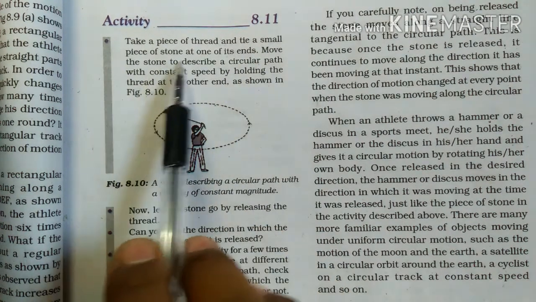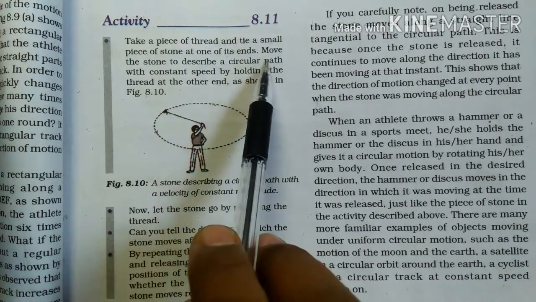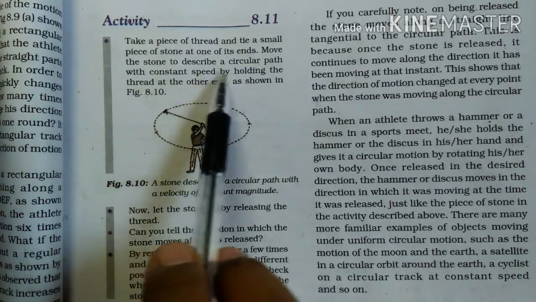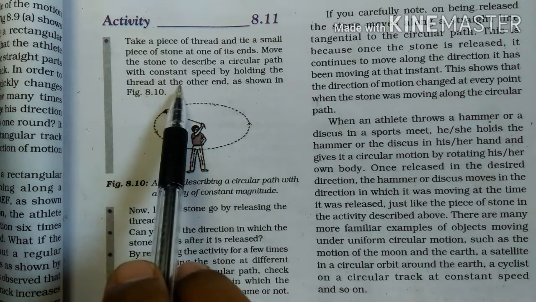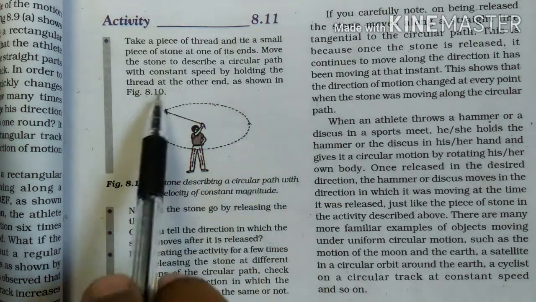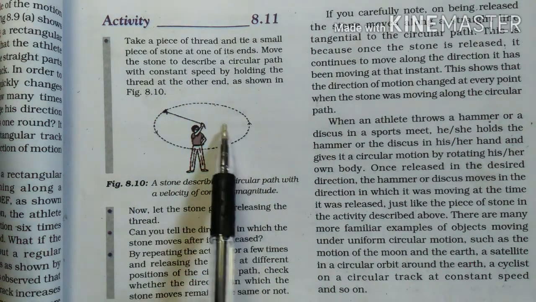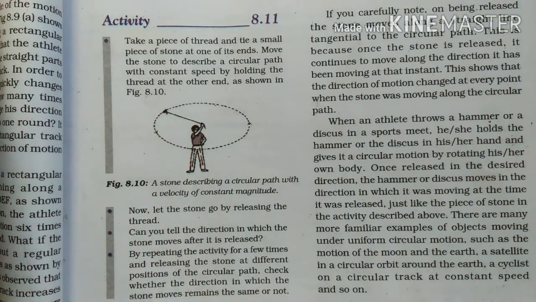Move the stone to describe a circular path with a constant speed by holding the thread at the other end as shown in the figure. I think you have observed this situation on a farm when the farmer is flying away the flock of birds.